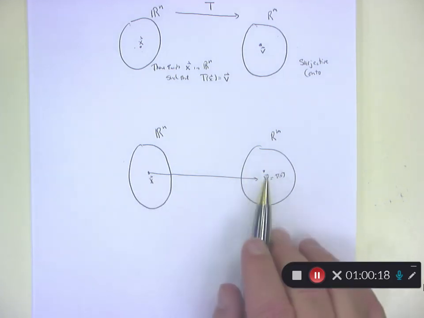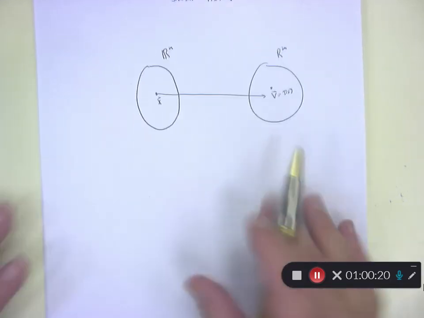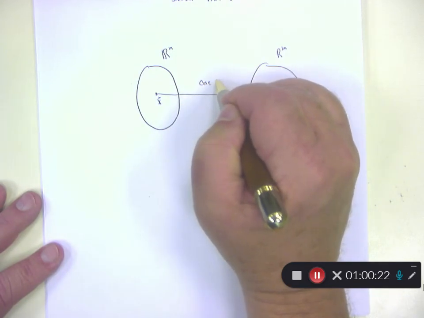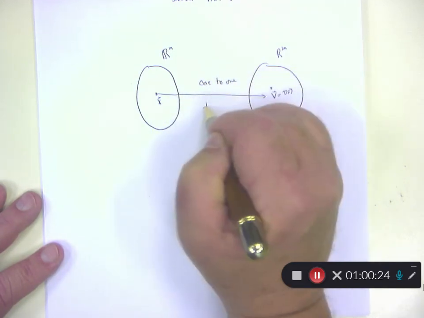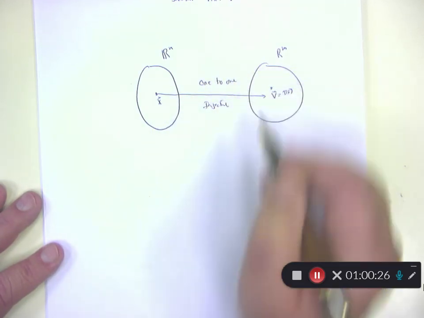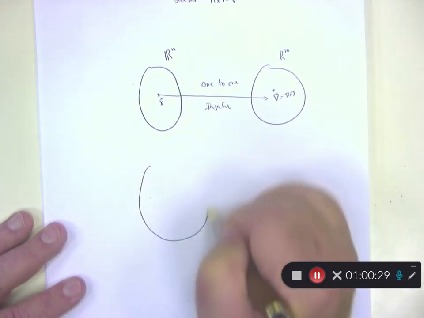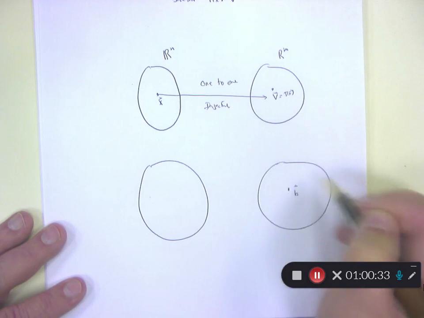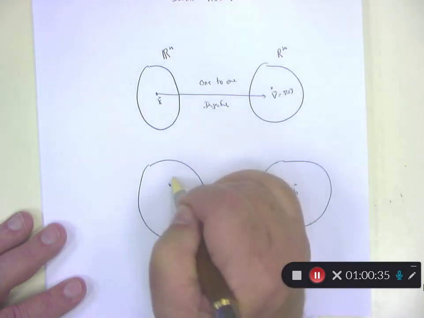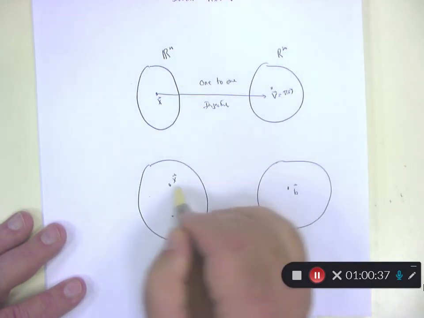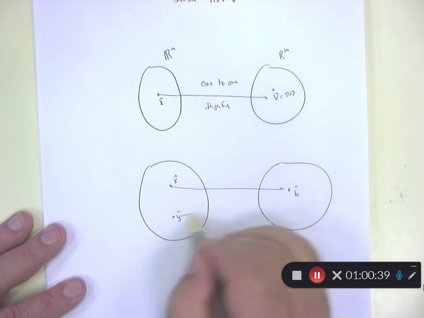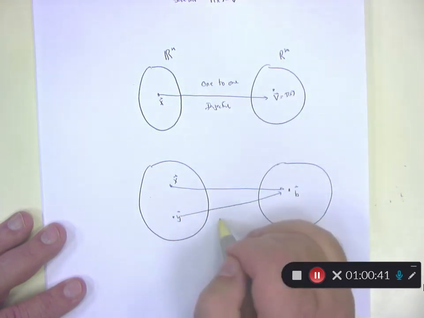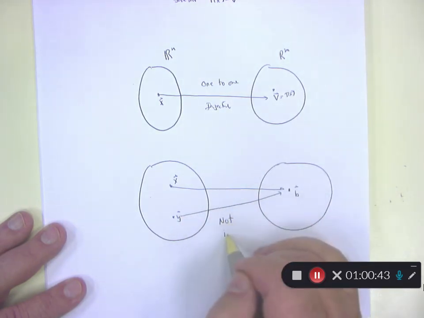One vector maps to one vector, because this is what we mean when we say one-to-one, injective. If I could have something like this: here is a b vector over here, here is an x vector, here is a y vector, and they both map to the same guy. This is not injective.